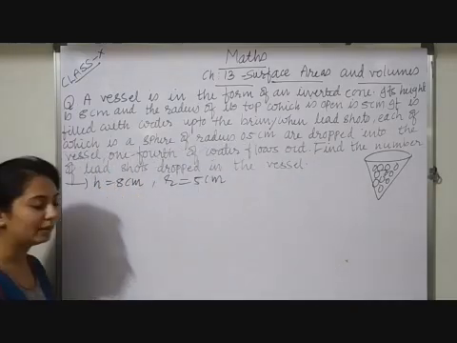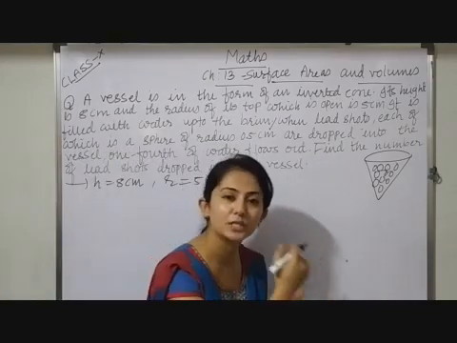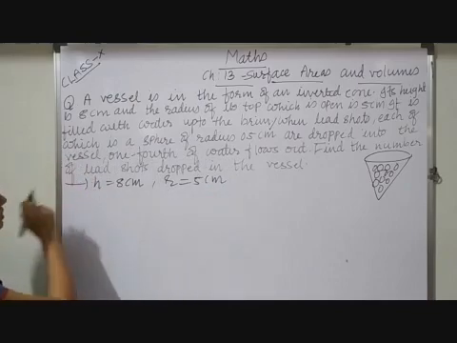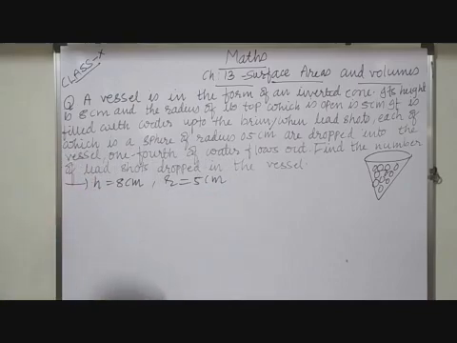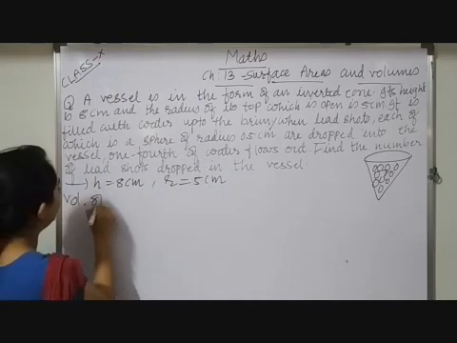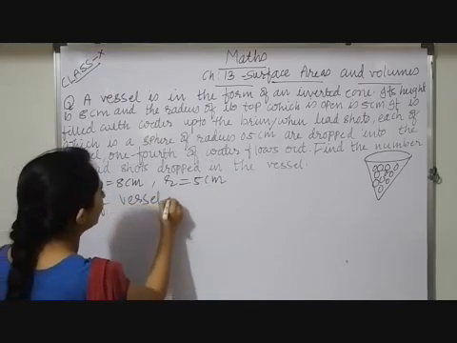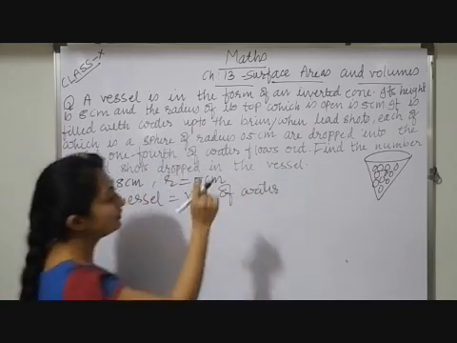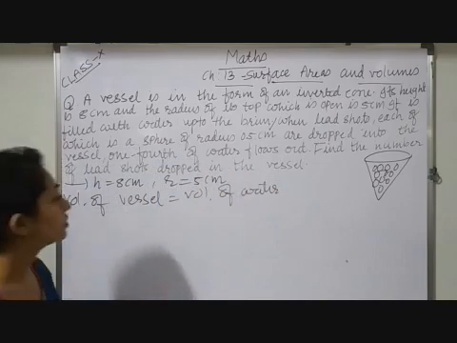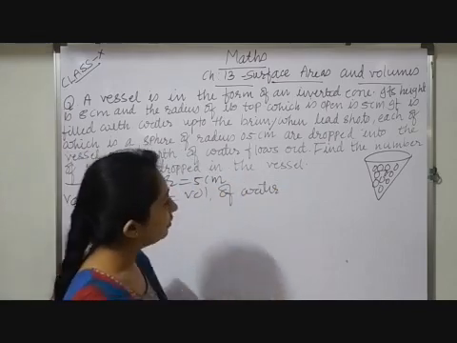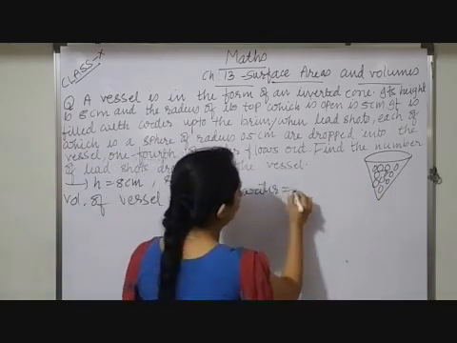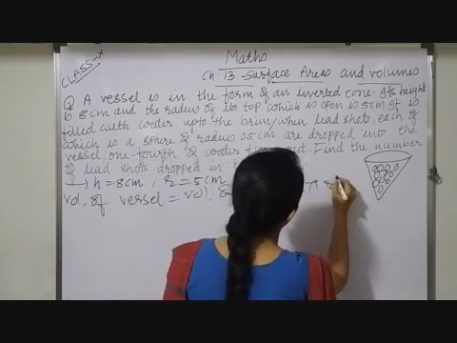Orally, while I am speaking, you might be confused, so we'll solve step by step and you will get a proper understanding. Now see, first of all I will find the volume of the vessel. The volume of the vessel is equal to the volume of water, because the vessel is filled up to the brim with water. The vessel has the shape of a cone, and the volume of a cone is 1/3 pi r square h.